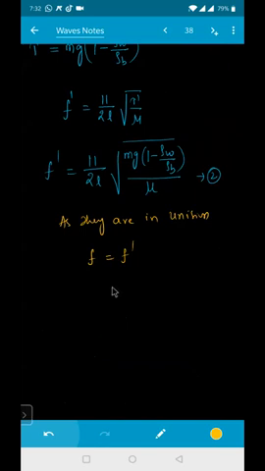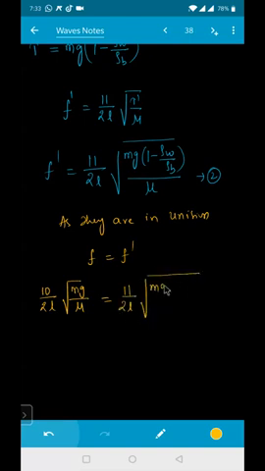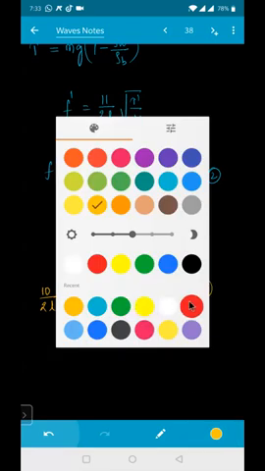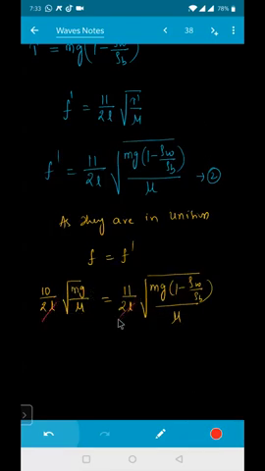Now the F value is 10 by 2L under root of mg divided by mu, that is equal to 11 by 2L under root of mg into (1 minus density of water divided by density of body) divided by mu. Here 2L gets cancelled, mg gets cancelled, and mu and mu also get cancelled.